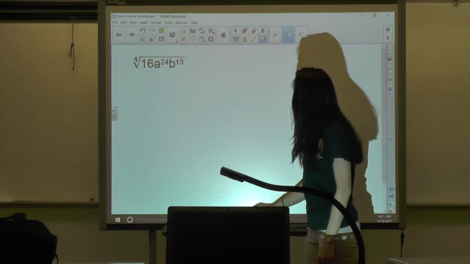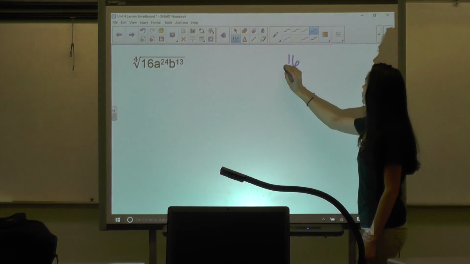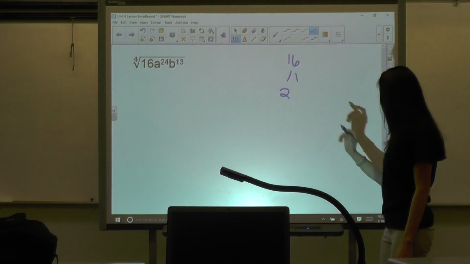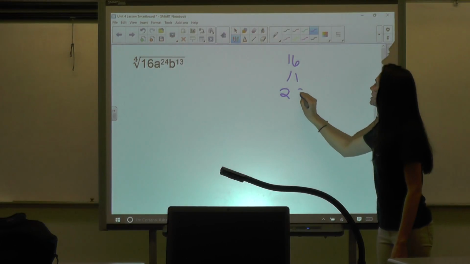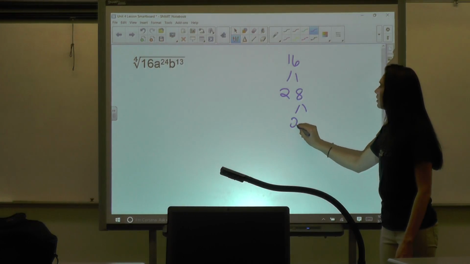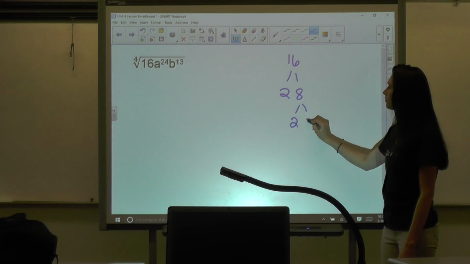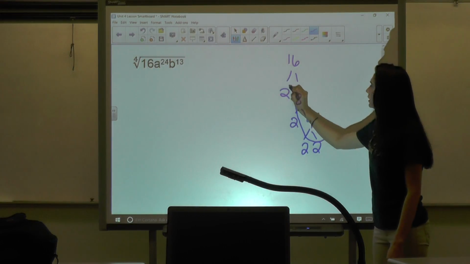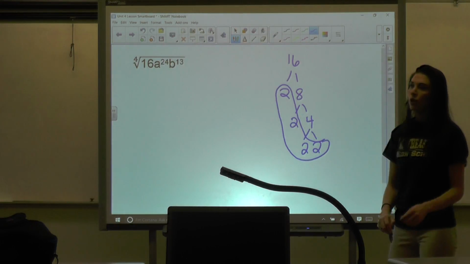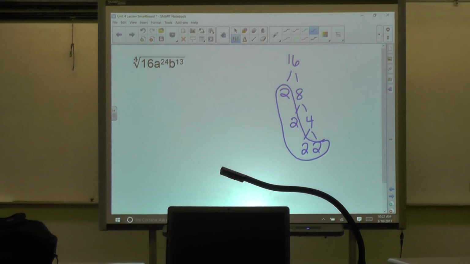Is 16 divisible by 2? 2 times what will give you 16? Is that divisible by 2? Yeah. Times what? 4. And 2 times 2. 2. So this is what goes in your sock. We are replacing 16 with those 4 2's.